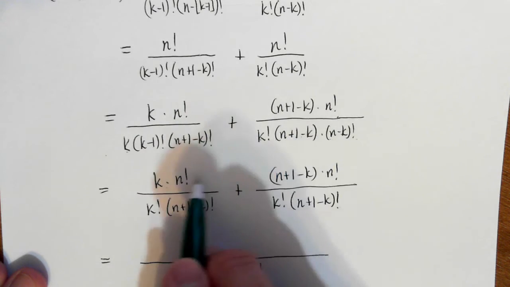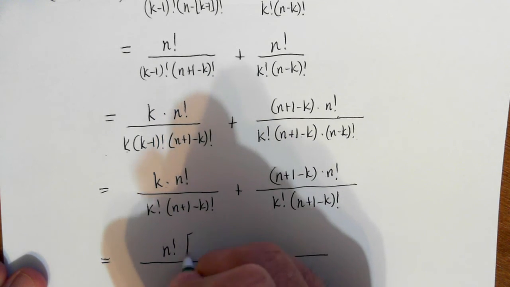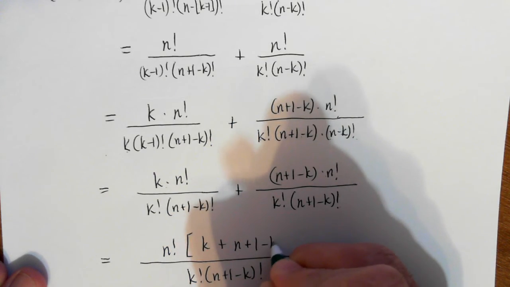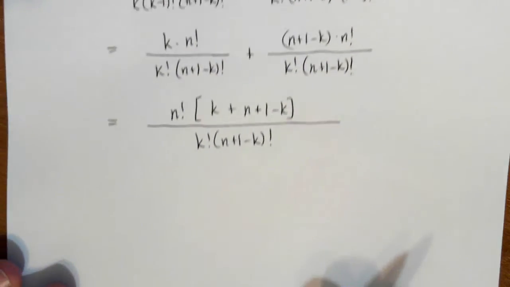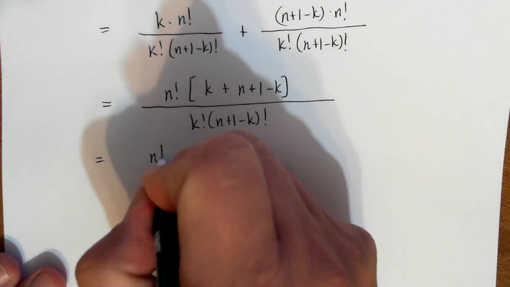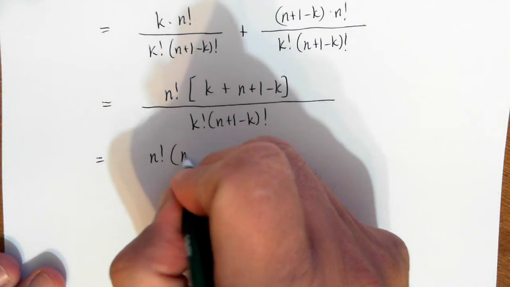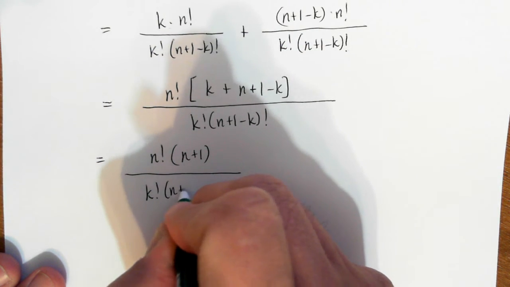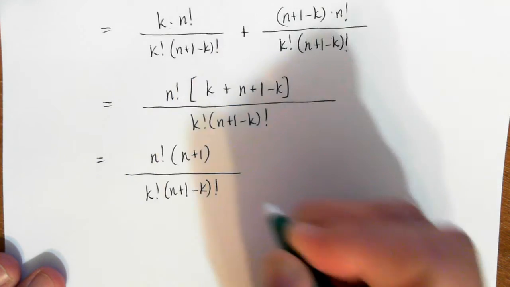And I have these two terms on top. I can factor n factorial out, and I get k plus n plus 1 minus k. So that's n factorial times n plus 1 over k factorial times n plus 1 minus k factorial.